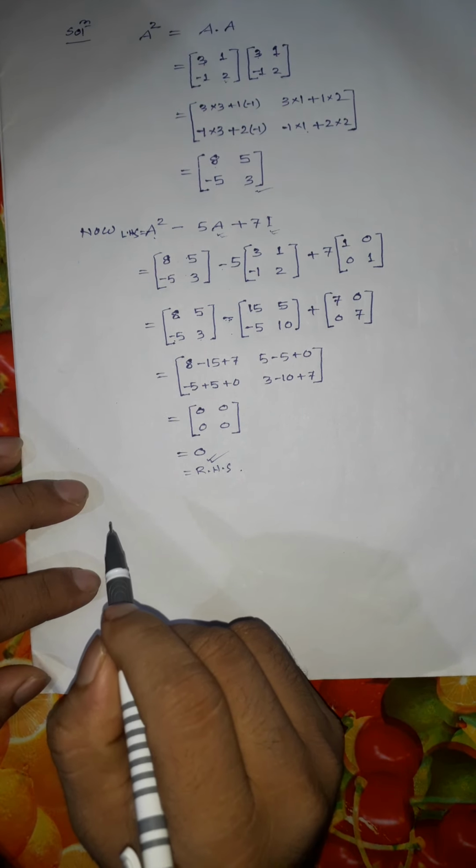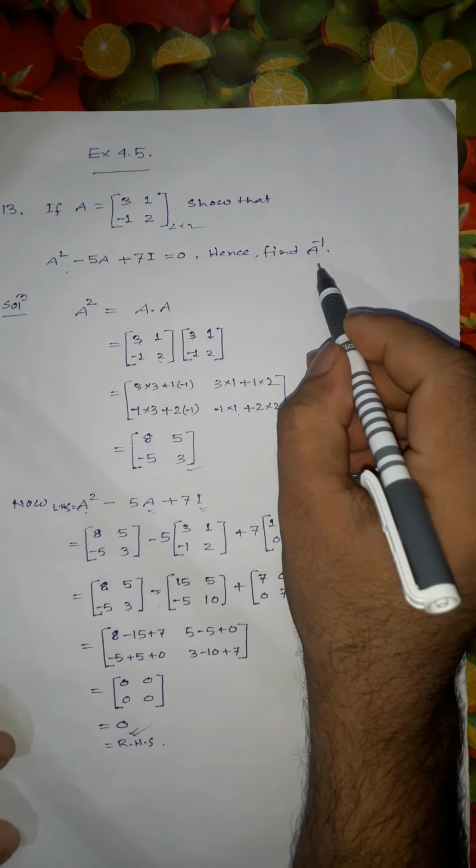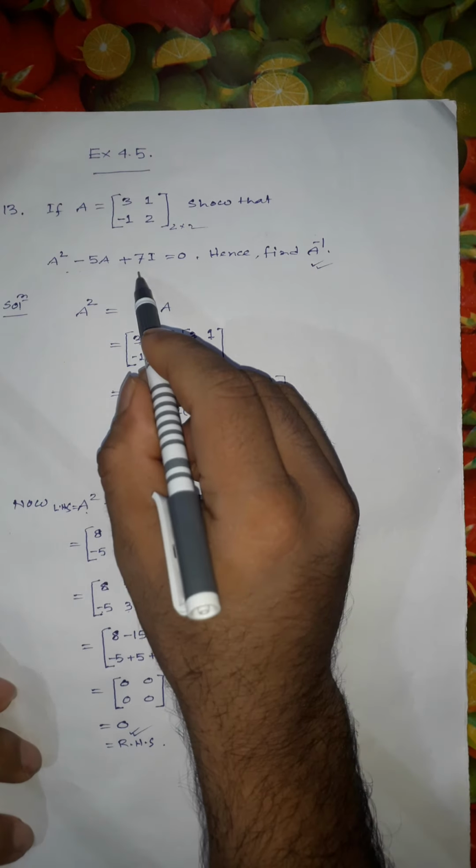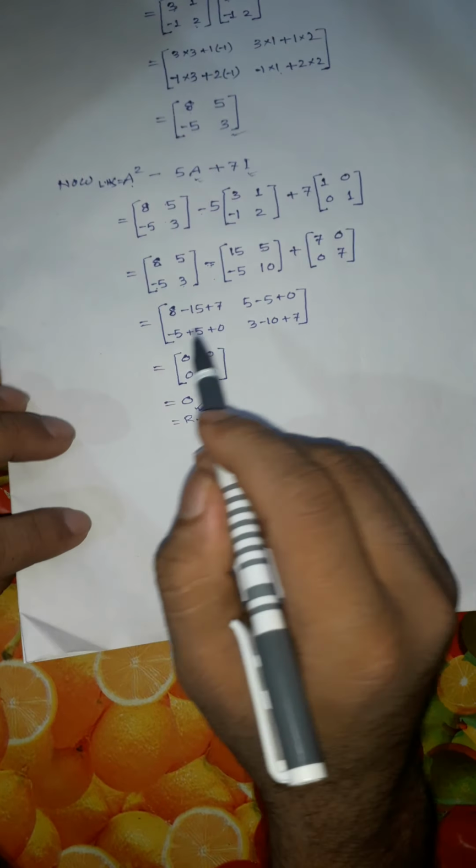The next we have to find A inverse using this relation. So how you can find A inverse?